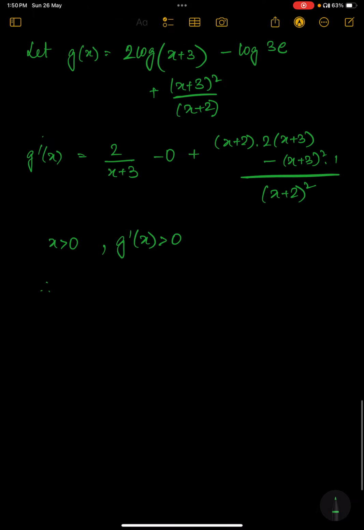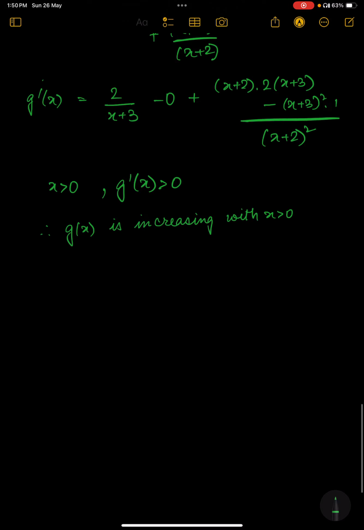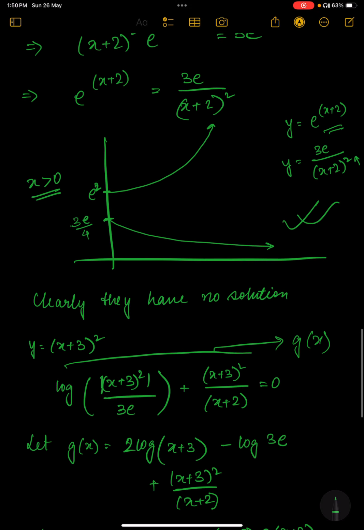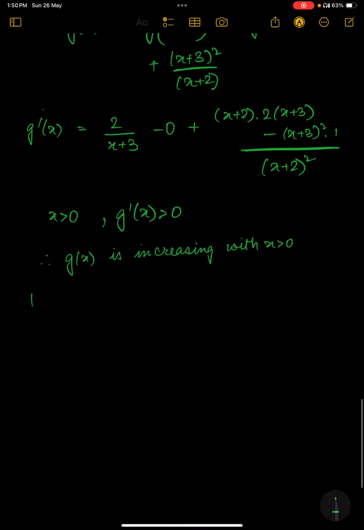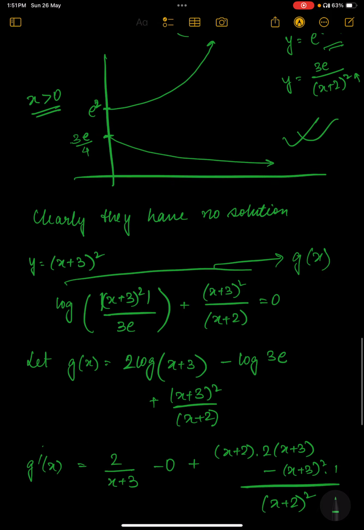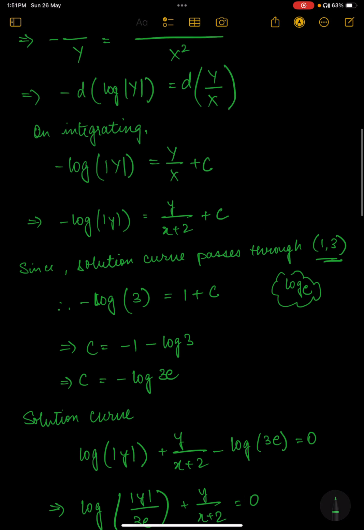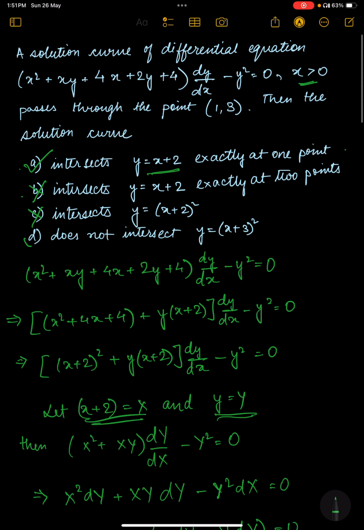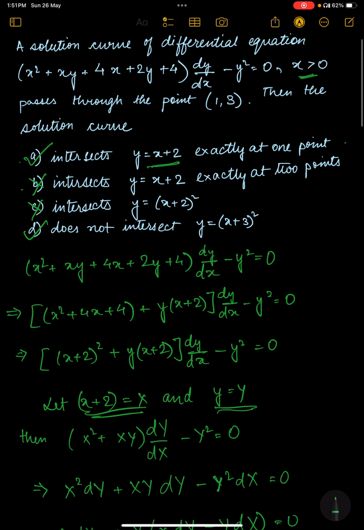Therefore g of x is increasing with x greater than 0. So there is no solution, similar to the approach we had here. I took another approach to show you, and there is no solution. So option D is correct. So we found our answer: option A and option D are correct.